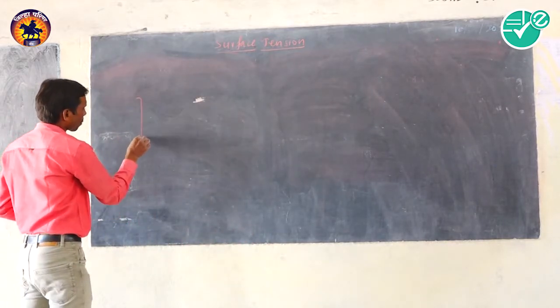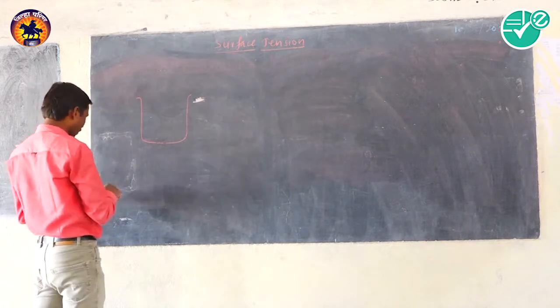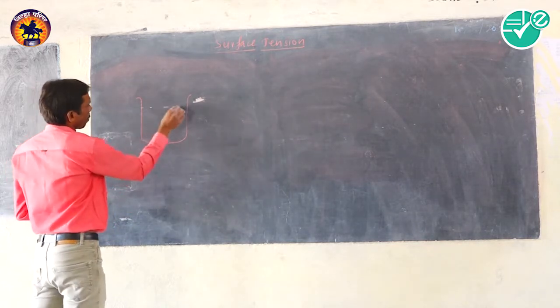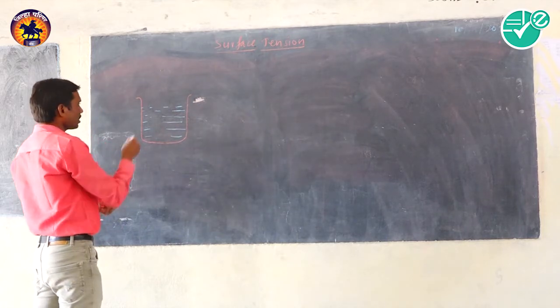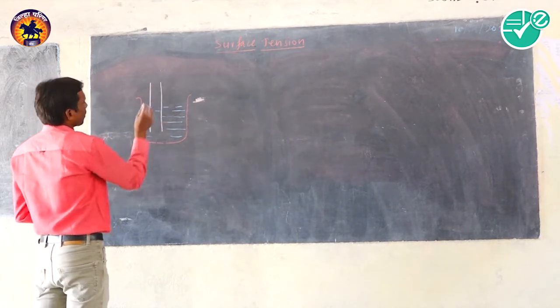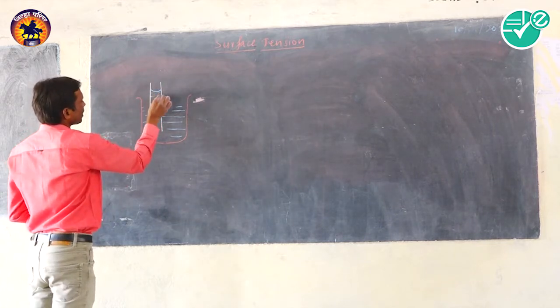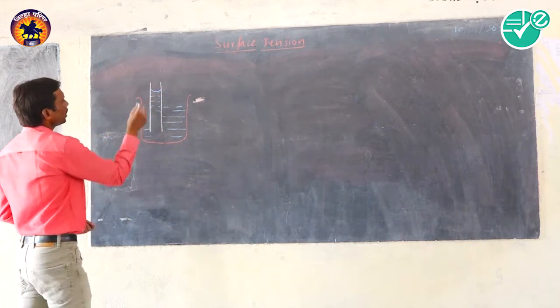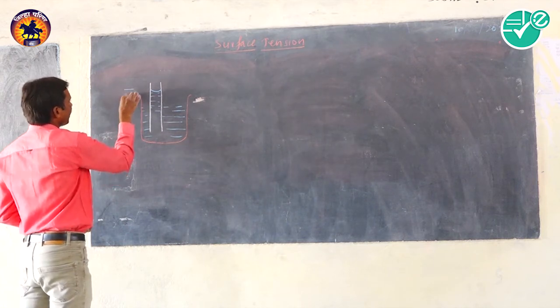Now consider a vessel containing liquid. And now consider a glass capillary tube that is vertically dipped in that liquid. In this case, the liquid rises up to the height h.